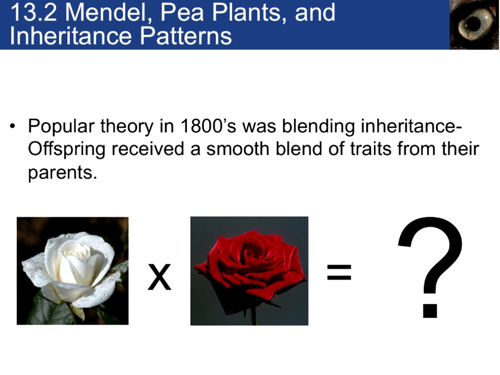Exactly. So blending inheritance is kind of in between both the parents. It's just a watering down of both the parents' genetics and somewhere in between.